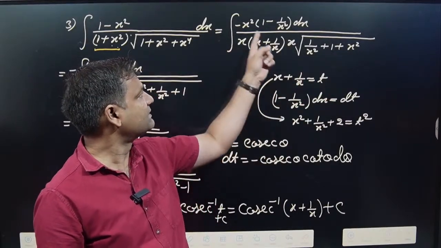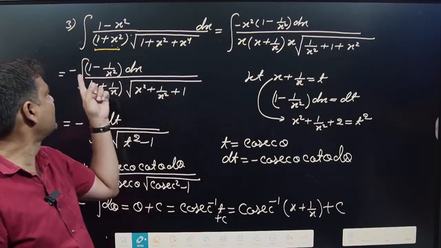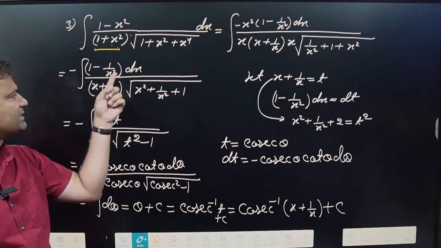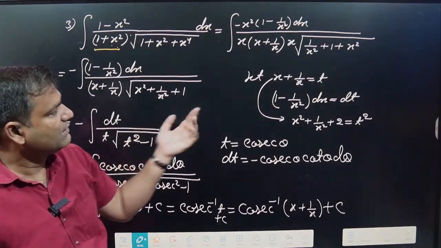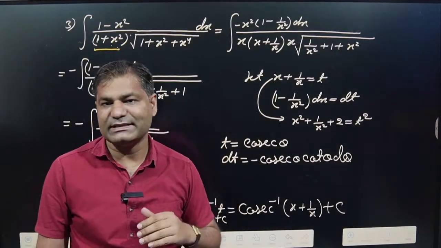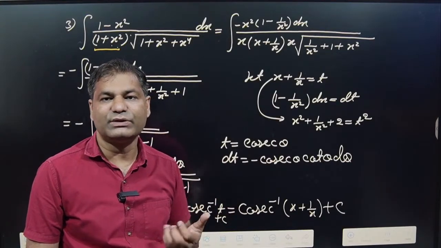So x into x is x square, and both are cancelled. Then we get integration of 1 minus 1 upon x square dx divided by the rest. Now the next target: if x plus 1 upon x is t, then 1 minus 1 upon x square dx is replaced by dt.